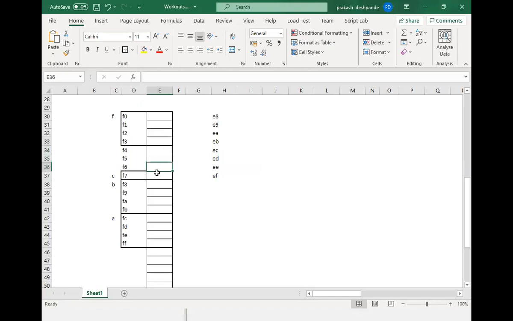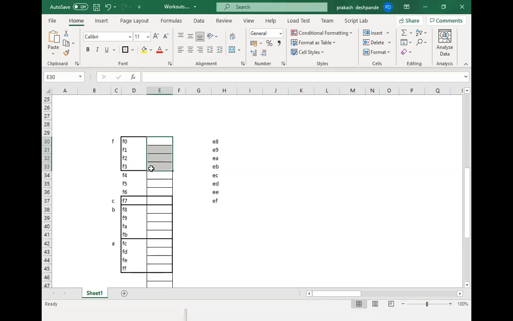Instead, as per my architecture, I will try to keep a word length of 4. Word length of 4 means 4 bytes will be reserved. In that, 1 byte is already occupied, 3 more bytes it will leave empty, and then it will allocate the remaining 4 bytes for the next variable.